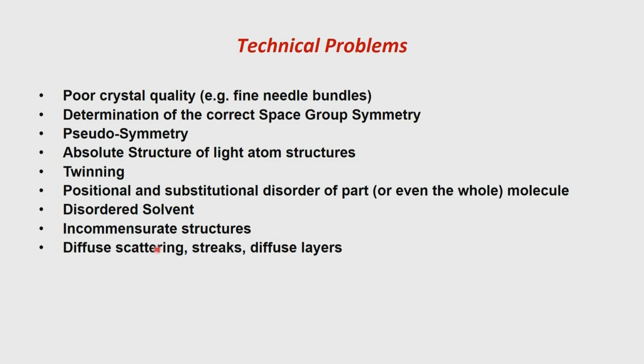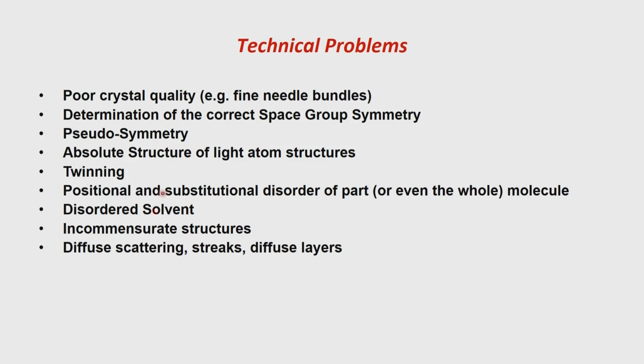For example, we will get diffuse scattering, we can get streaks and diffuse layers of reflections and so on, and these reflections can also cause serious problems. So, since we face these technical problems associated with crystals, one has to be aware of these pitfalls, and these pitfalls might also create bad data.